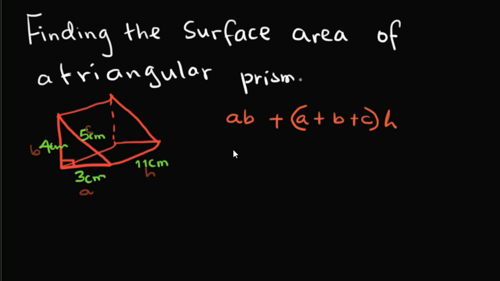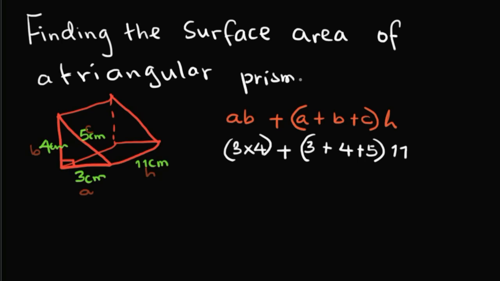So let's get A, which is 3, times B, which is 4, plus A, which is 3, B, which is 4, and C, which is 5. Let's multiply it by height, which is 11.